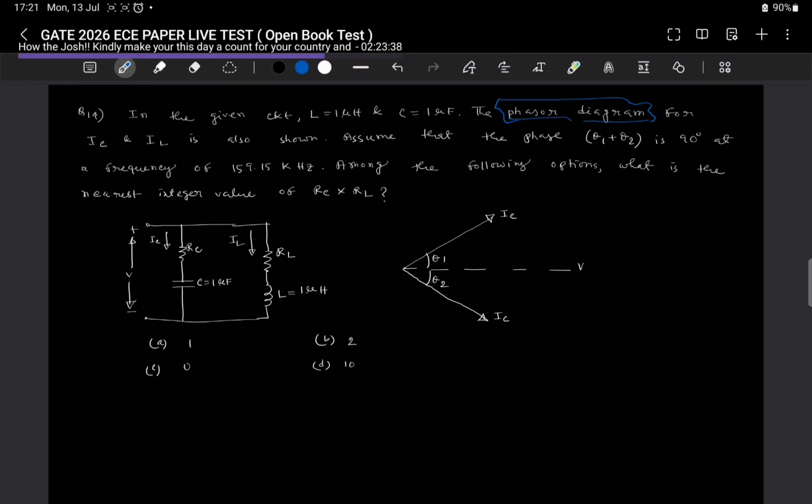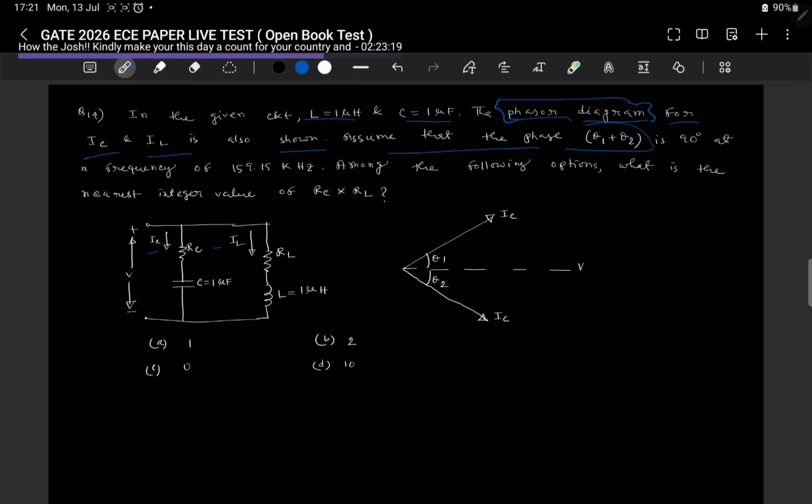So phasors come into the picture, and in this question it is written inductance and capacitance is there. So for IC, IL is also shown. Okay, IC, IL.